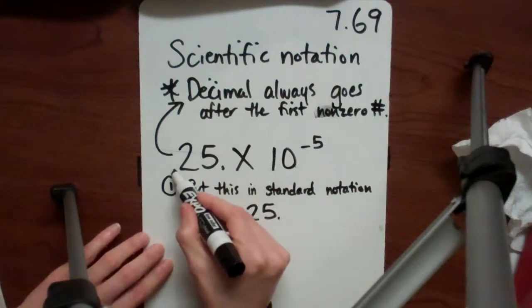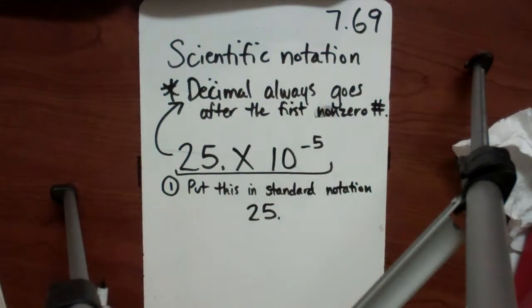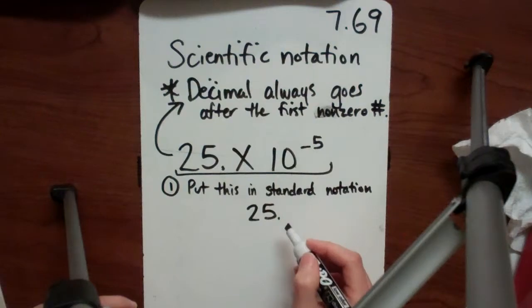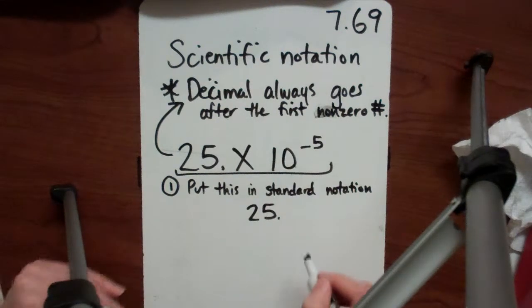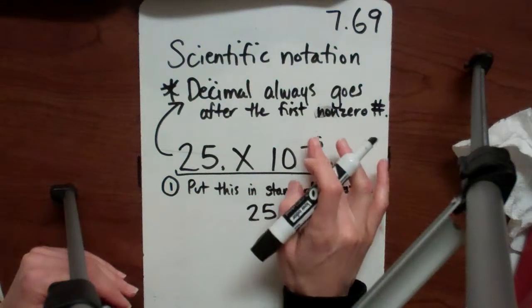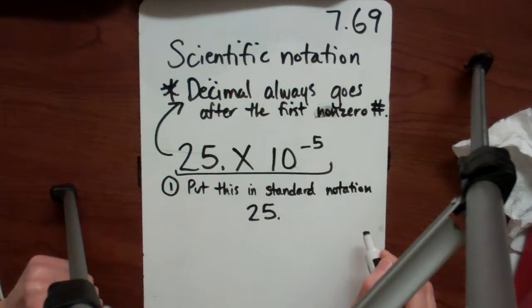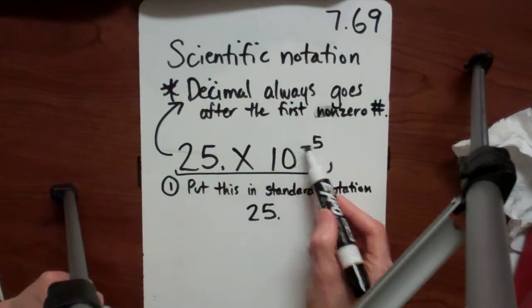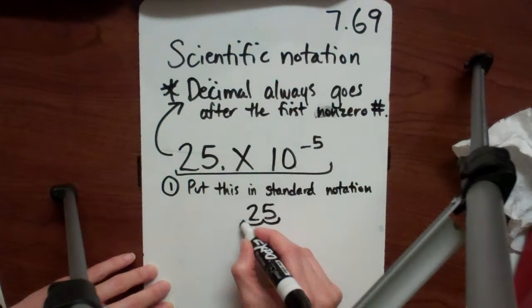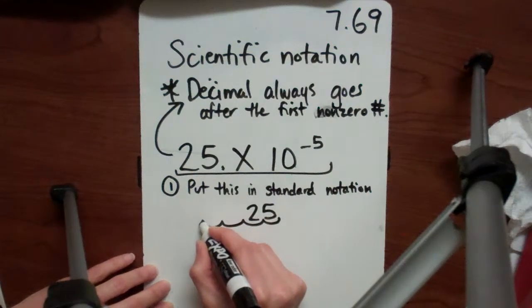And if I were to do this problem, hopefully you see that when I'm working with negative numbers, you're going to take your decimal to the left. If this said positive 5 or just 5, we would move the decimal to the right. But because it says negative 5, I'm going to take this decimal 1, 2, 3, 4, 5.